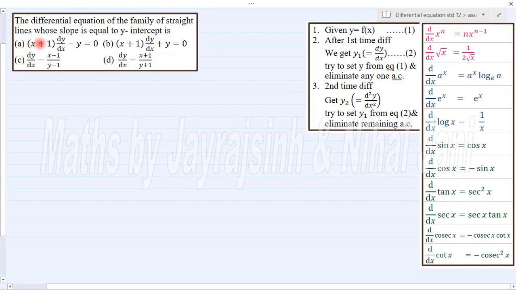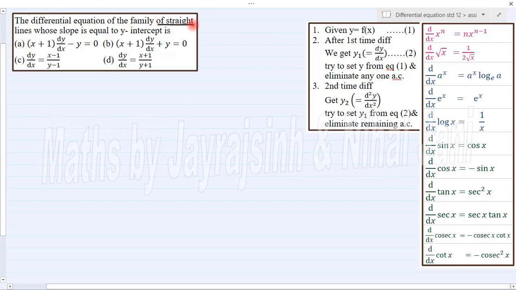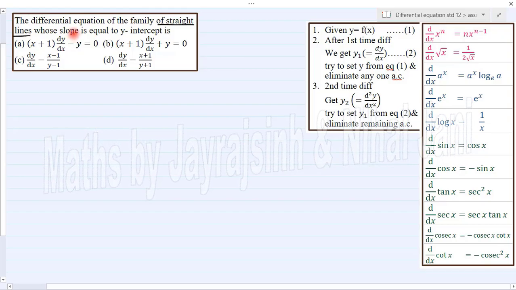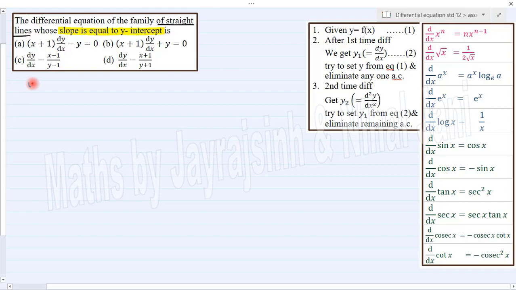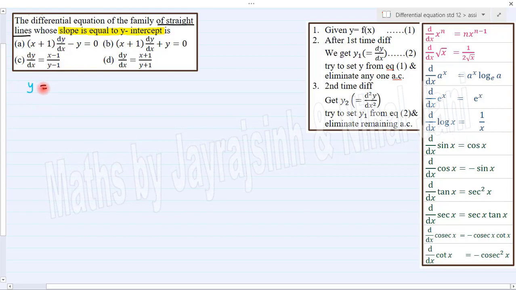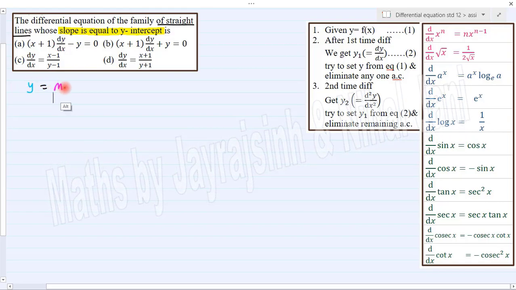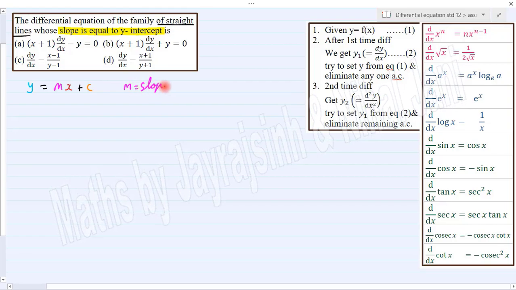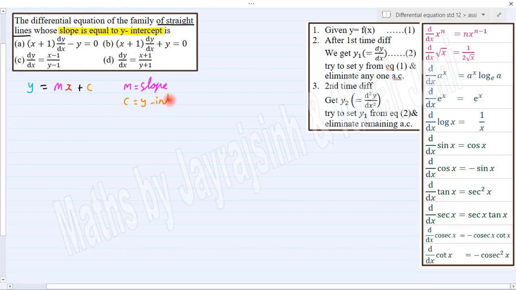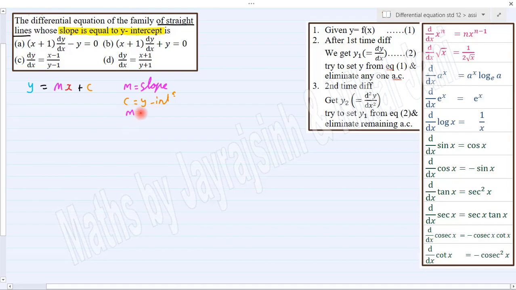In this question, we have to find the differential equation of a straight line whose slope is equal to its y-intercept. Now, the general equation of a straight line is y is equal to mx plus c, where m is the slope and c is the y-intercept. Now, it is given that the slope is equal to the y-intercept.